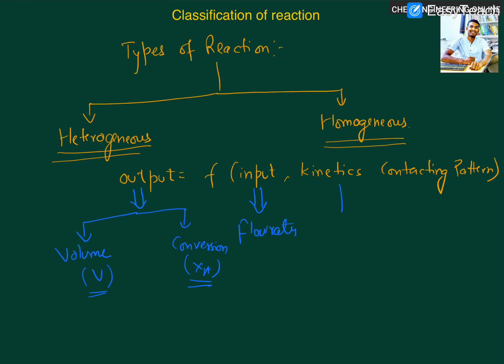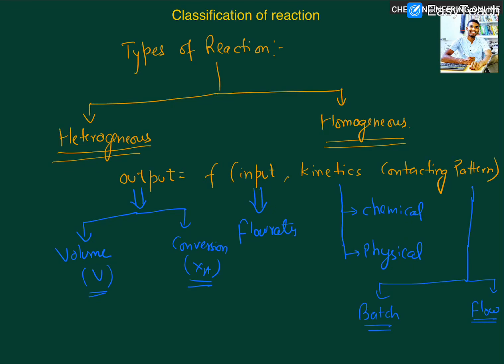So kinetics is of two types, that is chemical kinetics and physical kinetics. Contacting pattern is of two types in broad classification. If we say, first is batch and the second is flow.